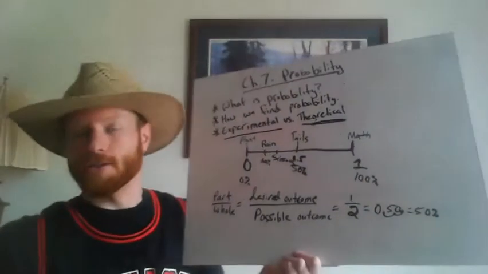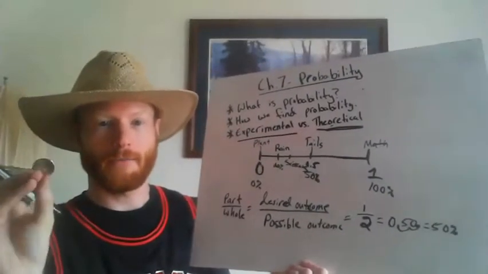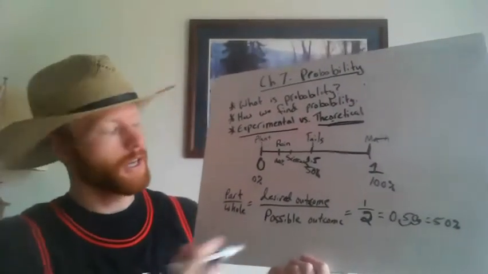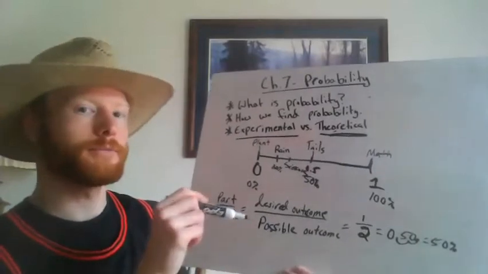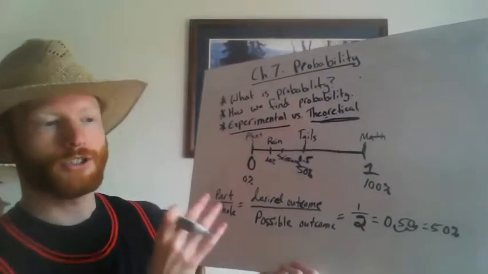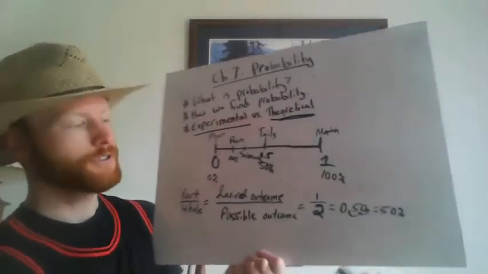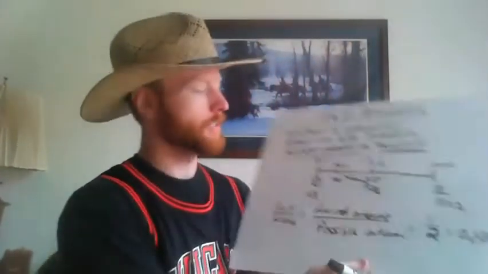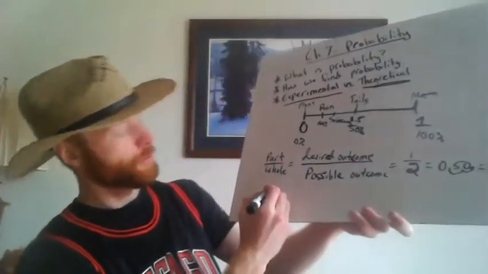So I'm actually going to do that right now. I'll flip a coin 10 times. I'm going to ask Miss Hewitt and Mr. Rauer to also flip the coin 10 times, and we're going to show our data and compare that to the theoretical. All right, I just flipped this quarter 10 times, and I got 3 tails.